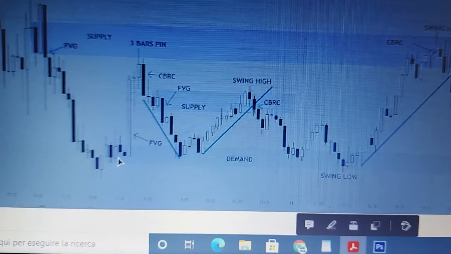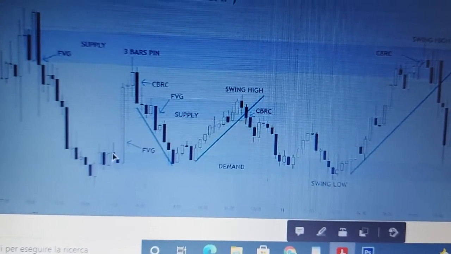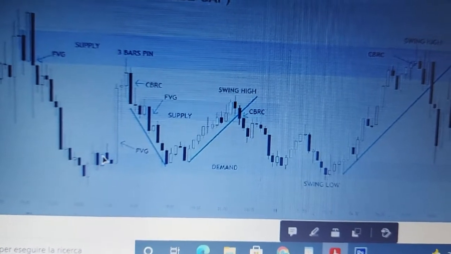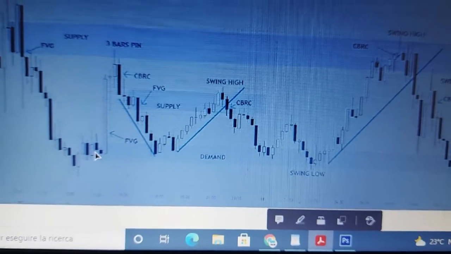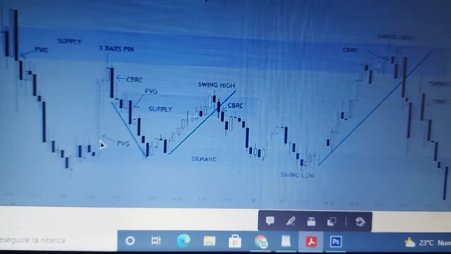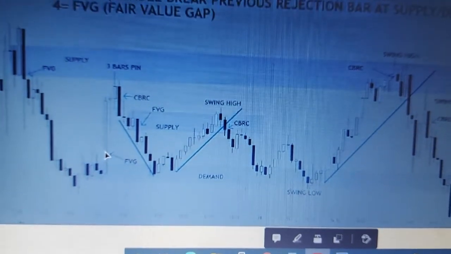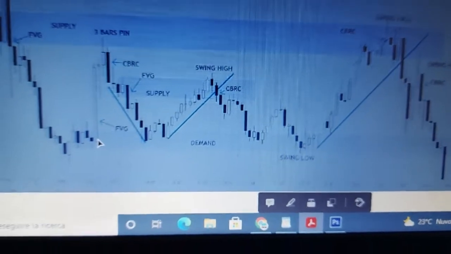Here we found another good demand zone because the price stayed here for like 5 candles. It took so much time for buyers to come in and make a move to the upside, leaving a fair value gap. So right now we have two opportunities we can trade with.